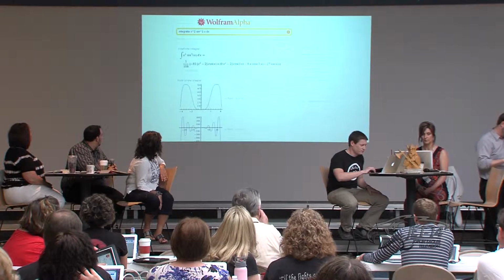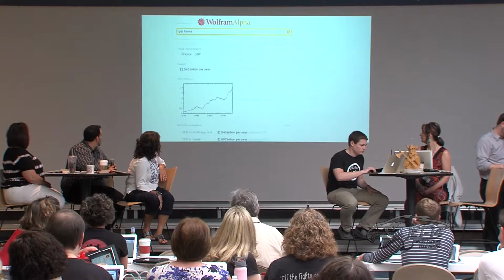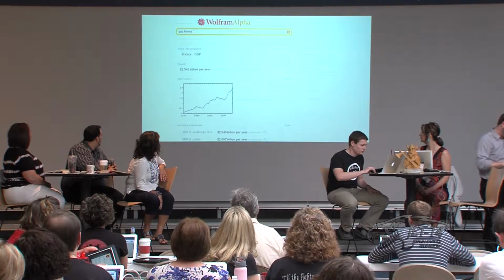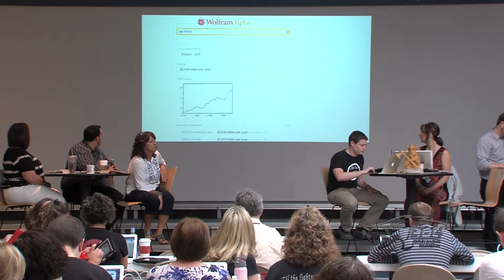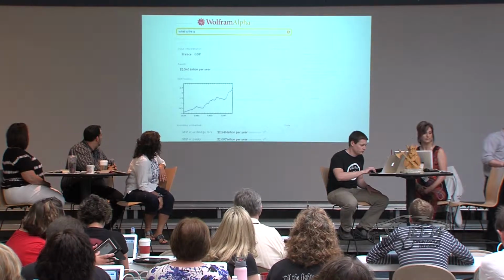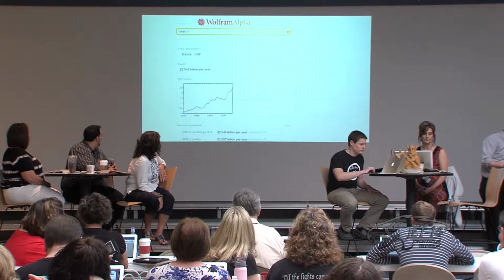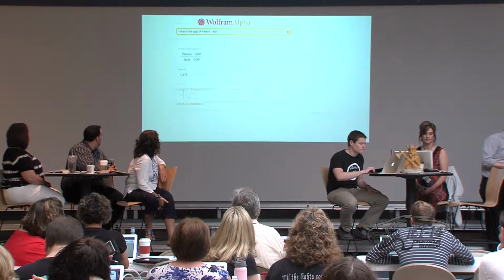How about something more real world? Let's ask it the GDP of France. Here's the result, and then it gives a plot of the history and so on. But we can dress up the question a bit if we want, and say, what is the GDP of France? Question mark. Same result. Let's try this. What is the GDP of France / Italy? So we as humans can tell what this is asking.